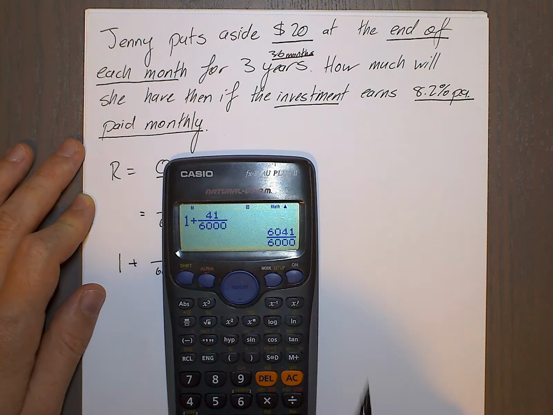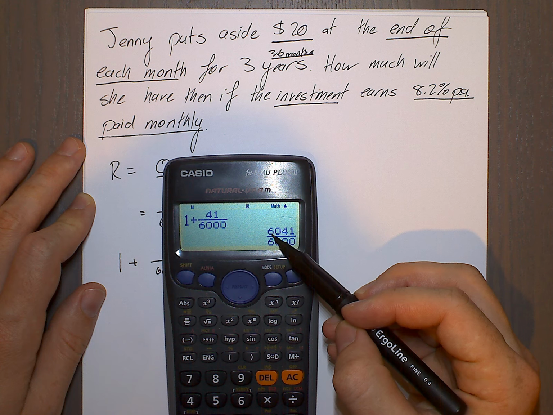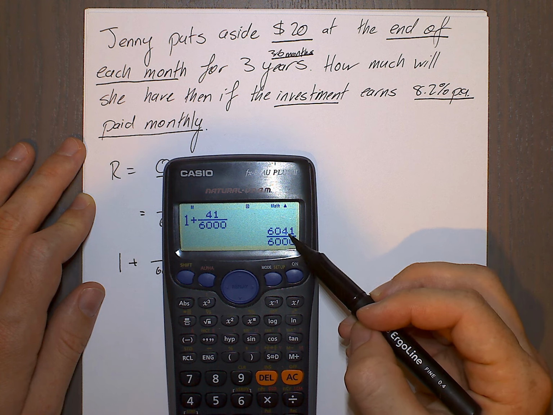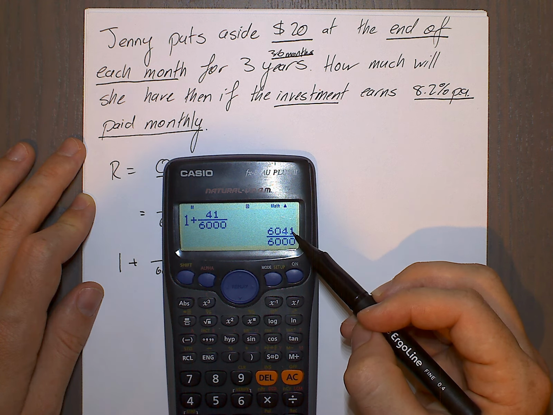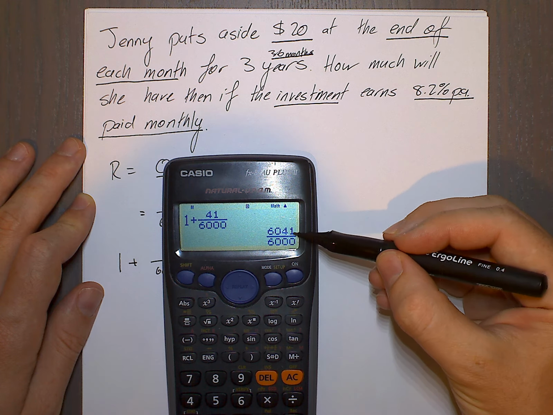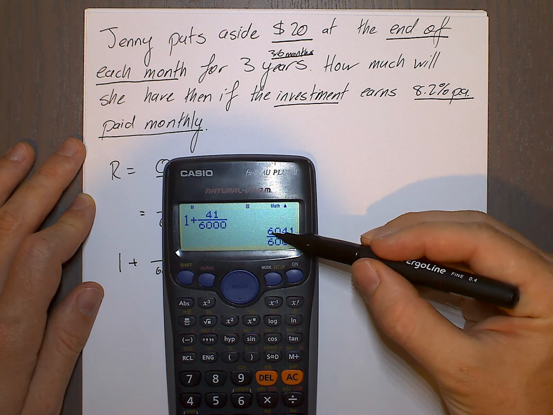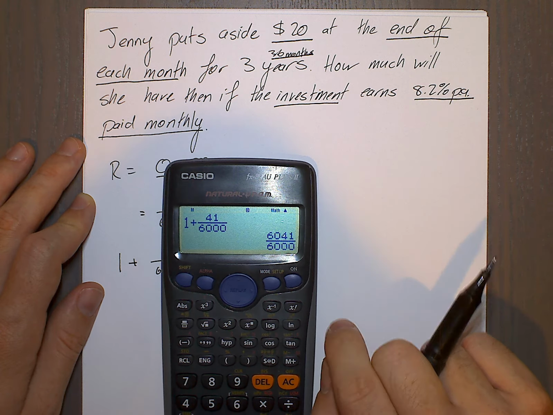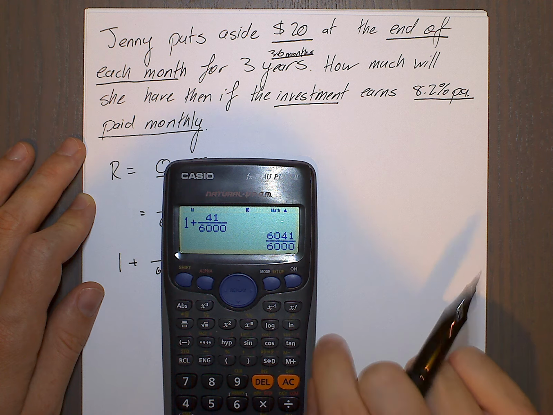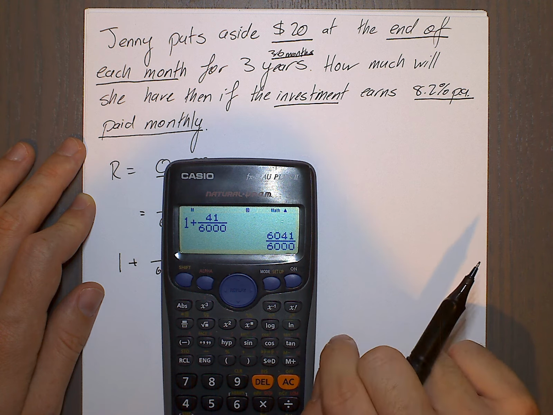That means in this portion, the 6,000 maintains the 100%, and this 41 is the small, small little growth that we see each month. Okay, that should make sense.